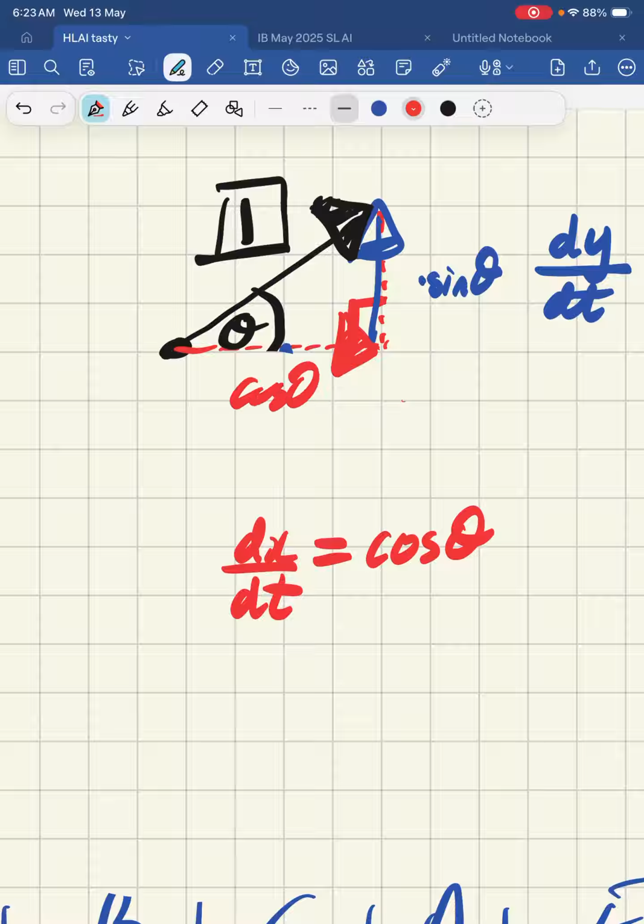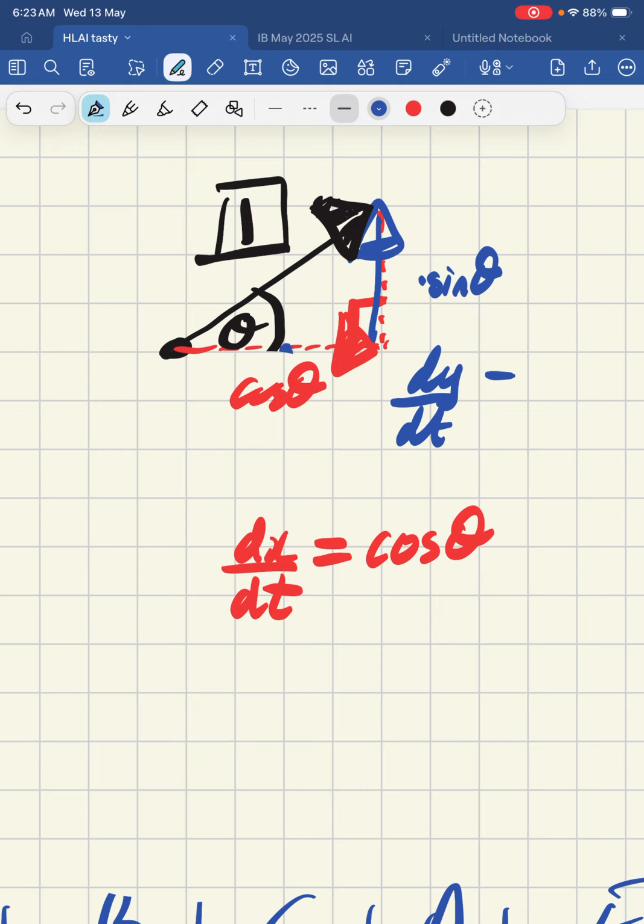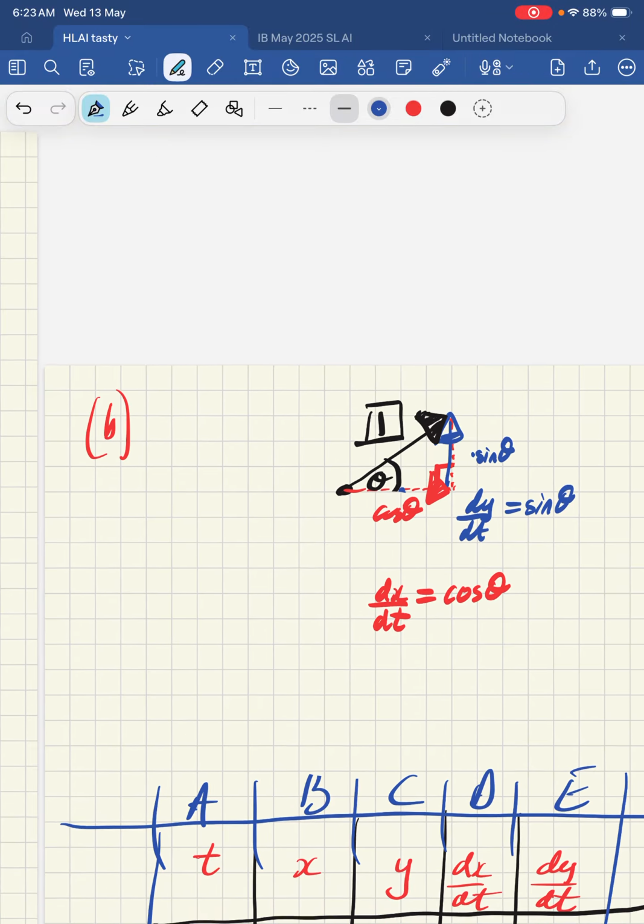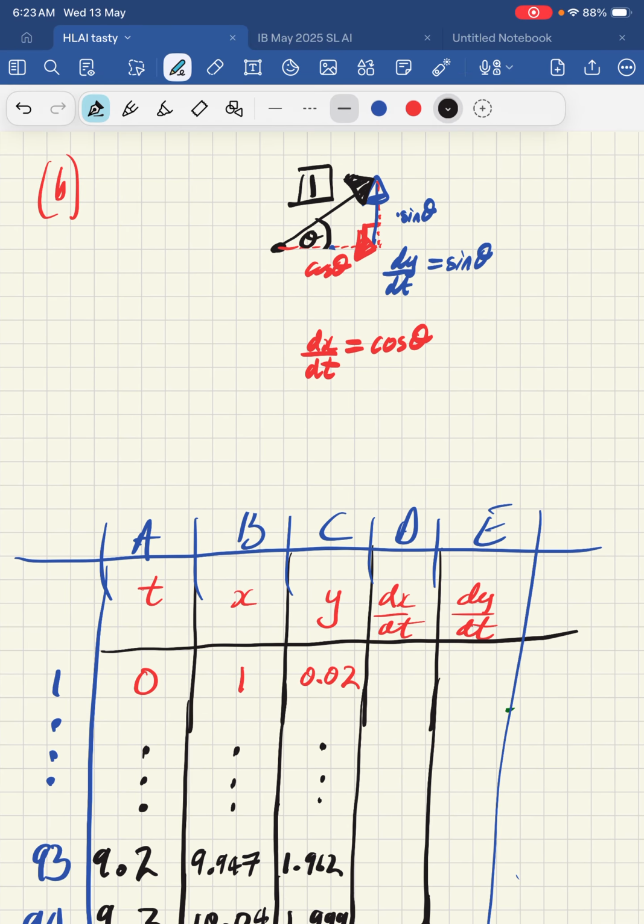Let me make it the same colour. And dy by dt equals sine theta. Great. But what is theta? Well, here's the big reveal, because we know that the gradient of the slope dy by dx was 0.04x.